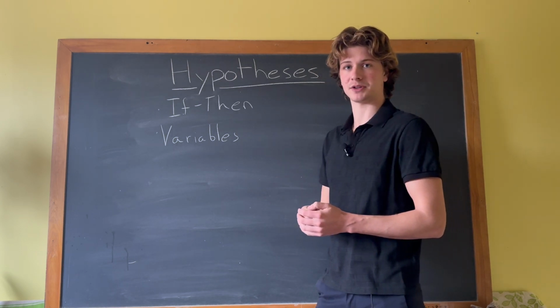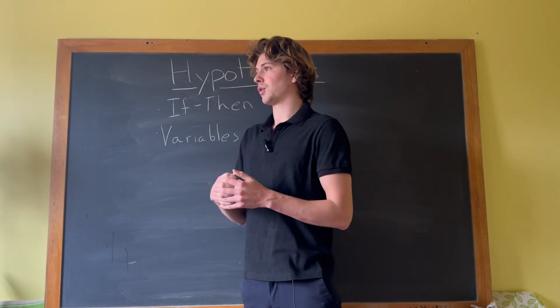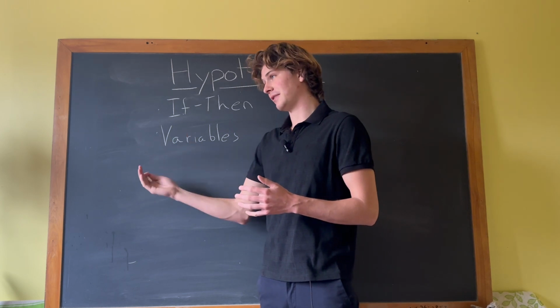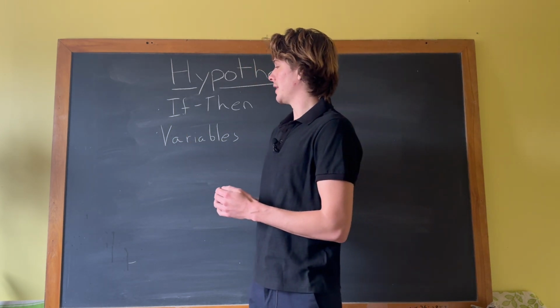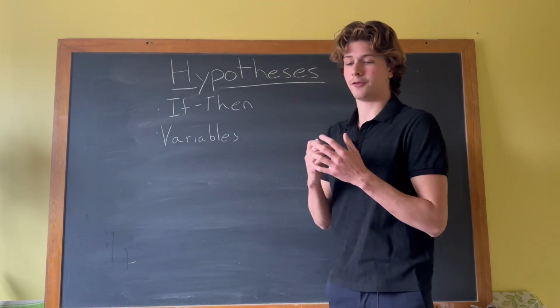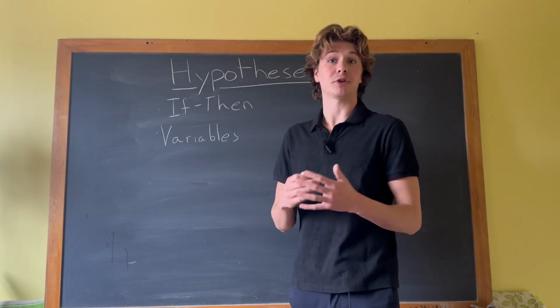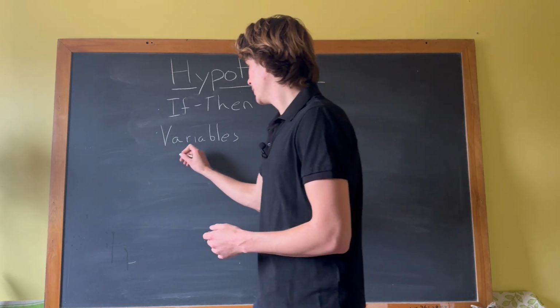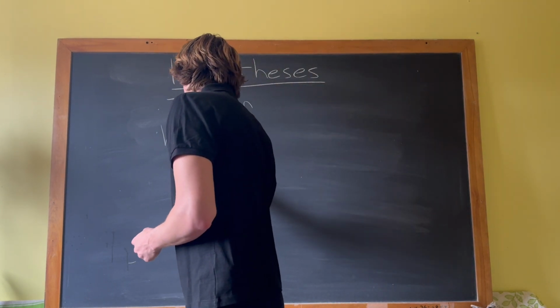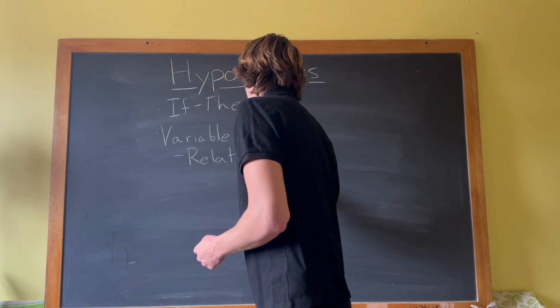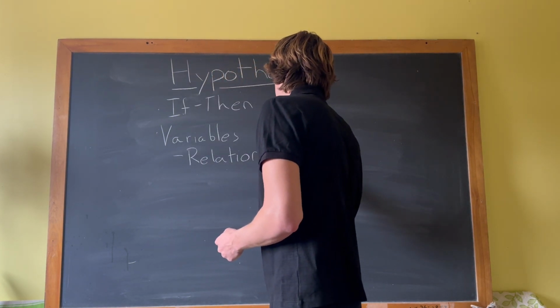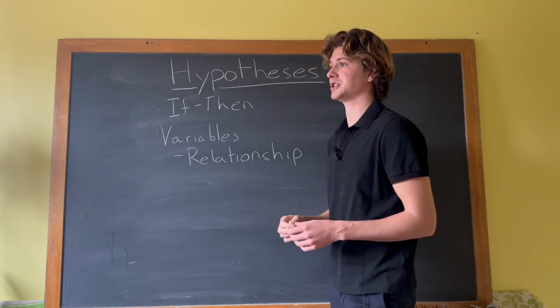That's very important to understand. Of course, the independent variable influences the dependent variable. The hypothesis, of course, is looking for the relationship between the variables, right? So we're looking for the relationship. And we know that we can have a positive relationship or a negative relationship.